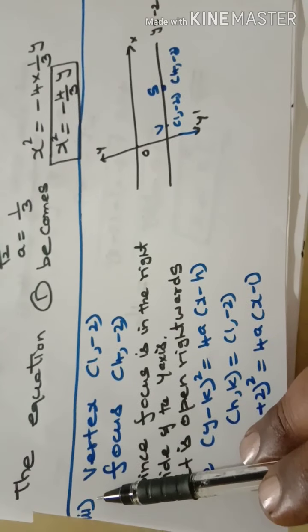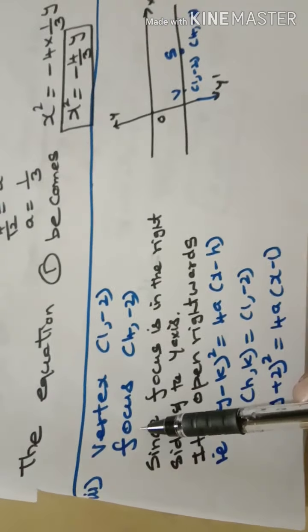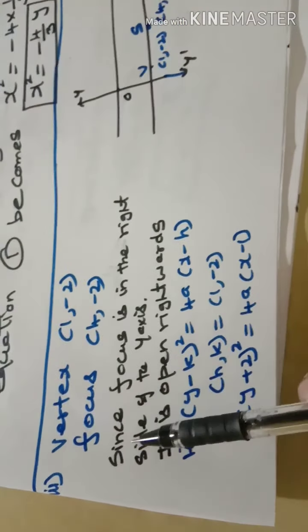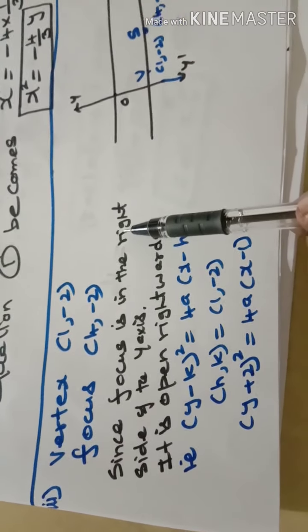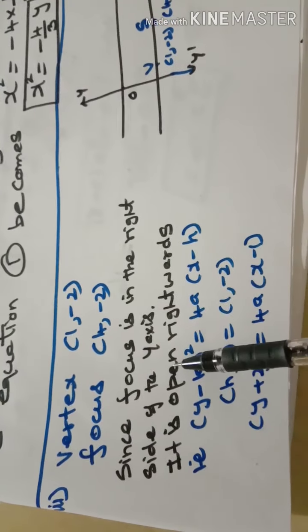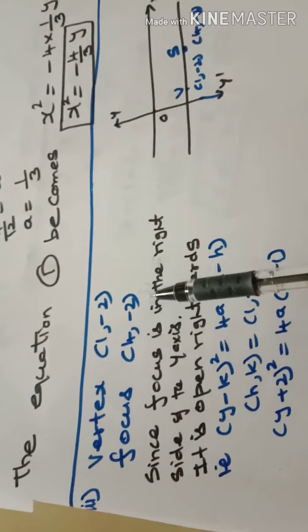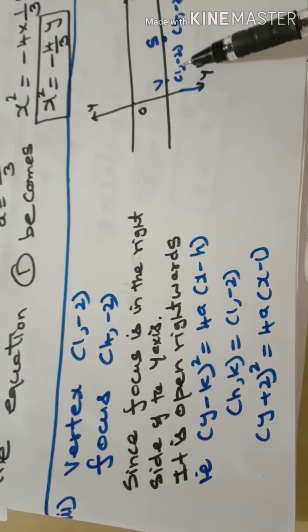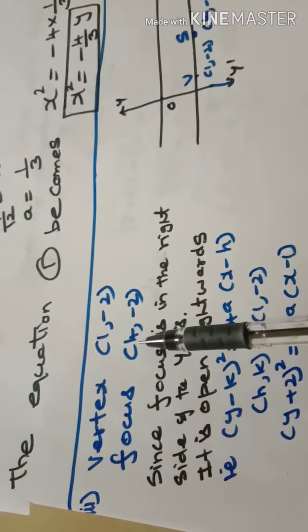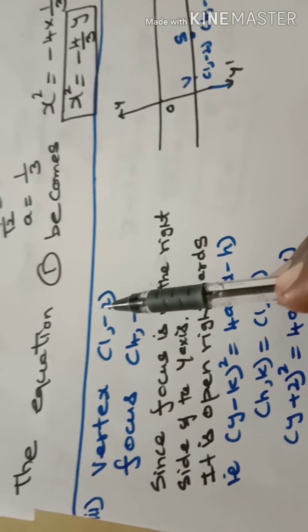Then third problem: vertex is (1, -2). Focus is (4, -2). Since focus is on the right side of the y-axis, it is open rightwards. What is given? Vertex is (1, -2), focus is (4, -2). So see the y values, both are minus 2.